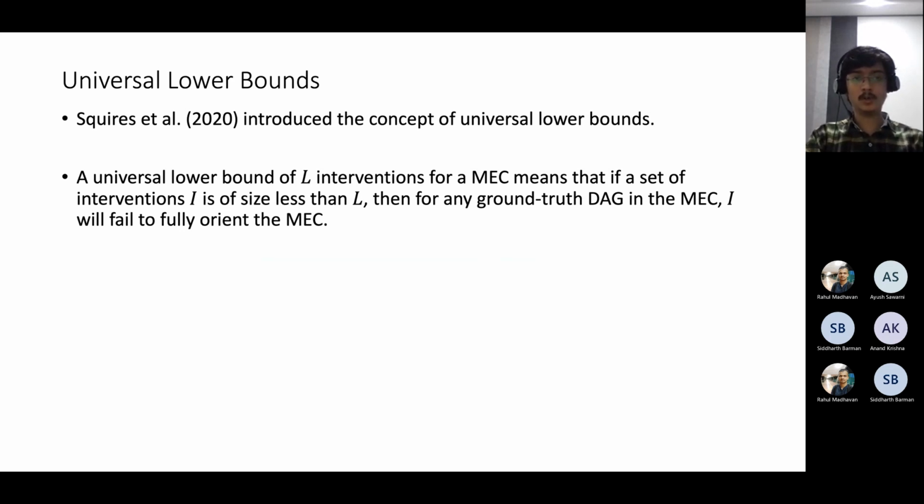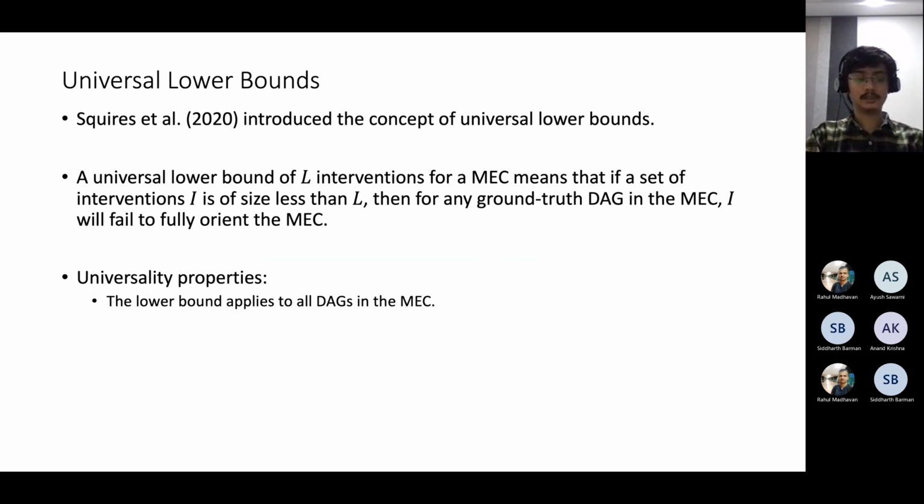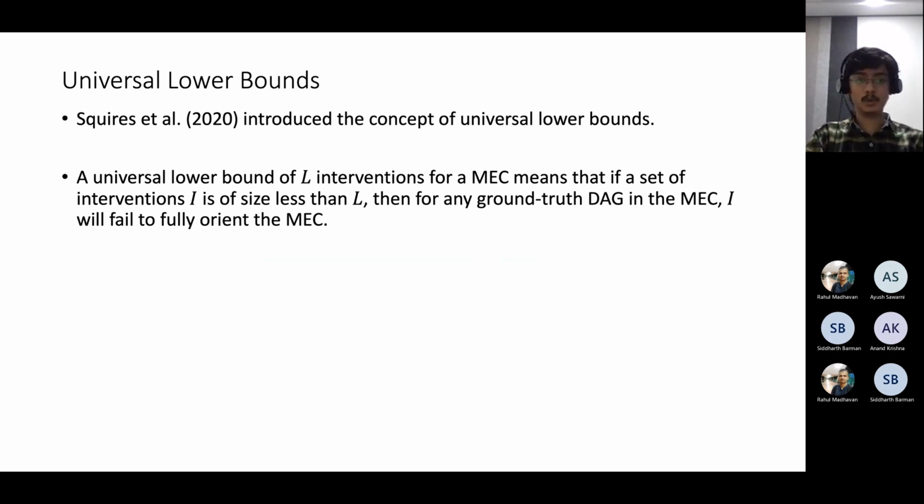A universal lower bound of L interventions for a MEC means that if an intervention set I is of size less than L, then for any ground truth DAG in the MEC, I will fail to fully orient the MEC.